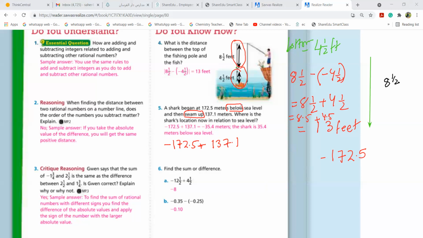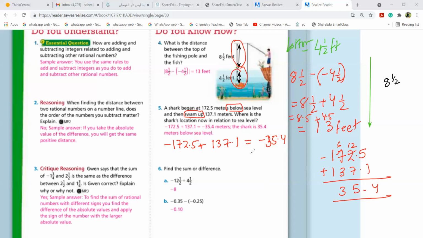If you want, you can circle it so that while studying, you know that swam up means positive. One negative and one positive. Lean, what am I going to do if one is negative and the other is positive? Very good. I regroup it. My answer is minus 35.4.